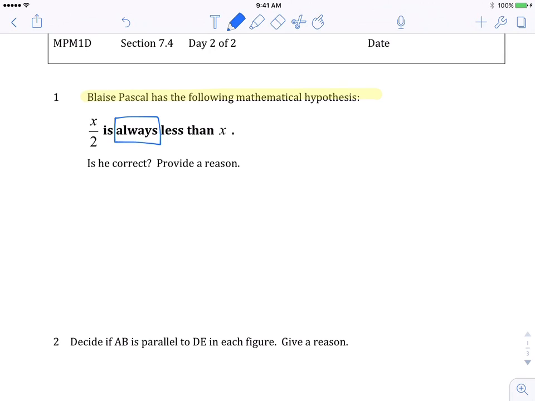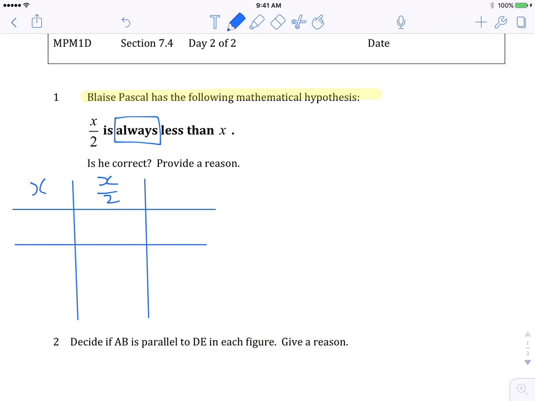We can test this by doing a couple of things. We could make a little table of values if we wanted to. Here we'll have the value of x, and here we'll have the value of x divided by 2. Let's just do a couple of examples.